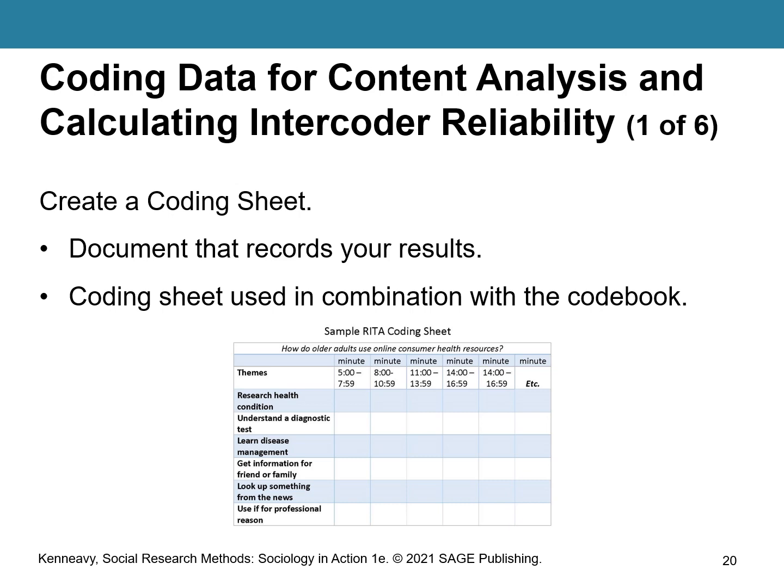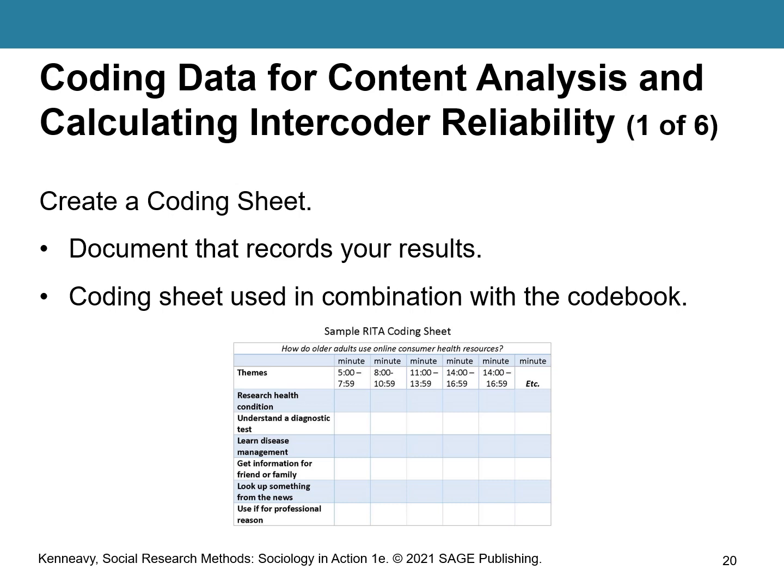In many cases, we develop a coding sheet. So, coding data for content analysis and calculating intercoder reliability. Once the codes are developed and compiled into an initial codebook, the next step is to create this coding sheet. A coding sheet is a sheet of paper or electronic document, like a spreadsheet in Excel or Google Sheets, that records the results of your analysis.